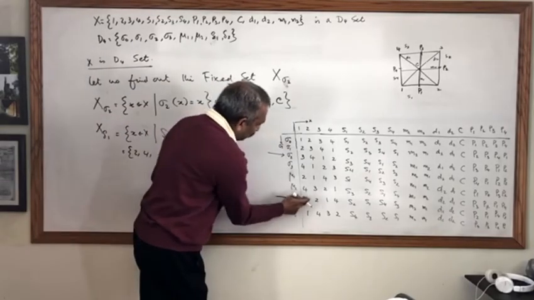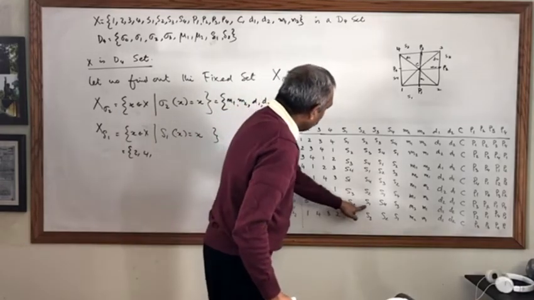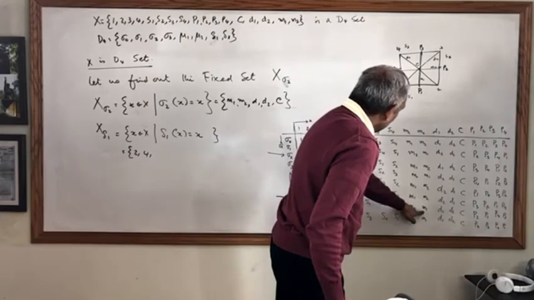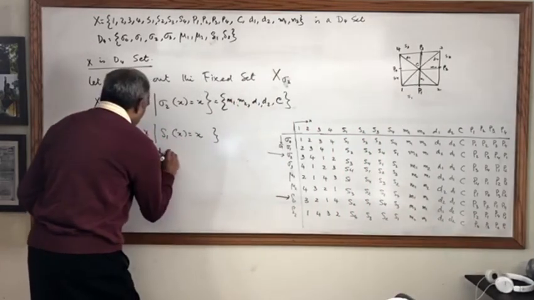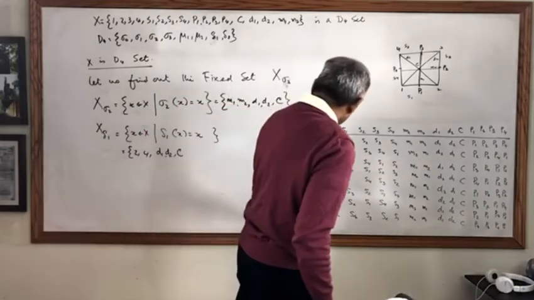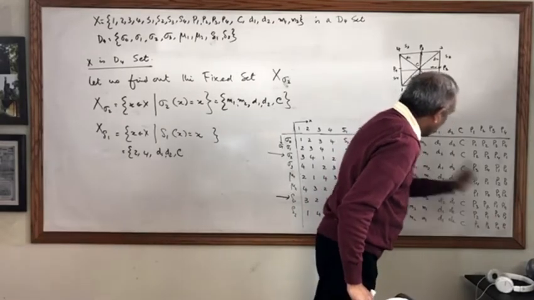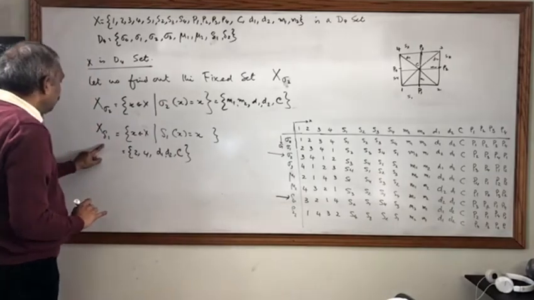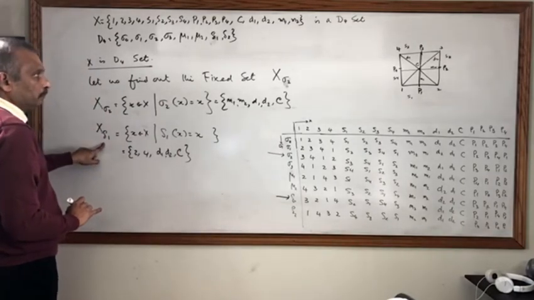Then D1, D2, C. And that's it. So these are the fixed sets of sigma 2 and delta 1.